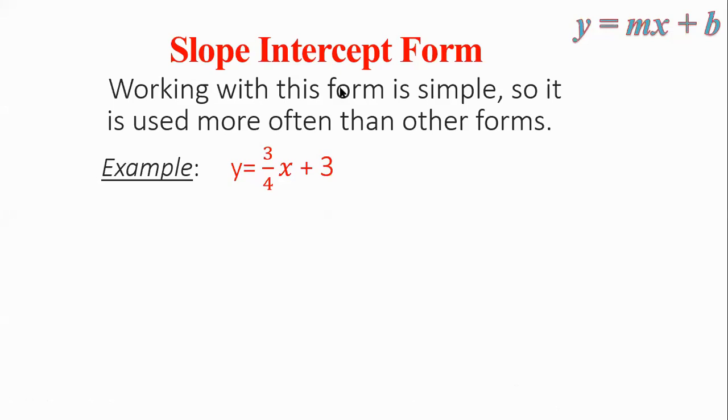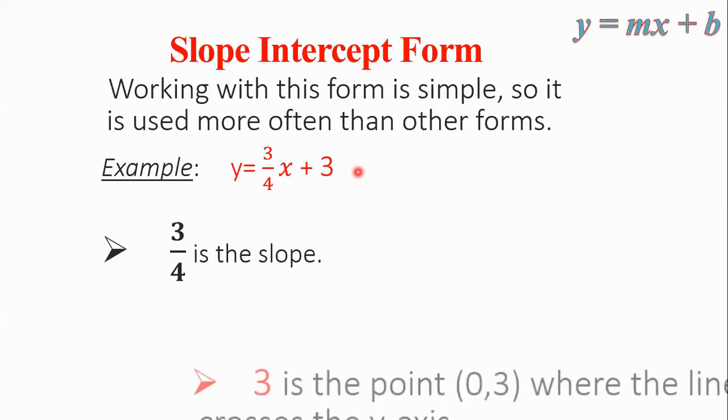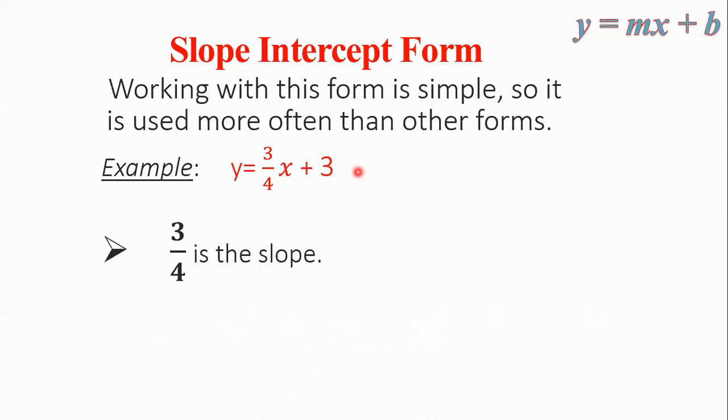And in this case, our equation is in the form y equals mx plus b, and it's quite easy to identify the different parts. So from this, we can see that 3 over 4 is the slope, because the slope will be whichever value that is the coefficient of my x.